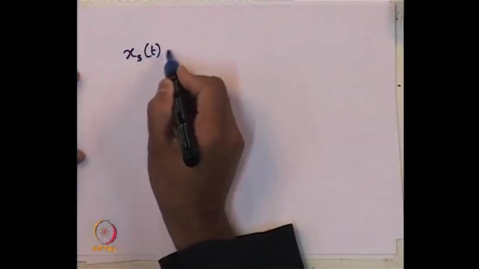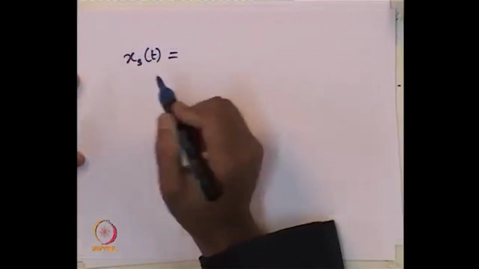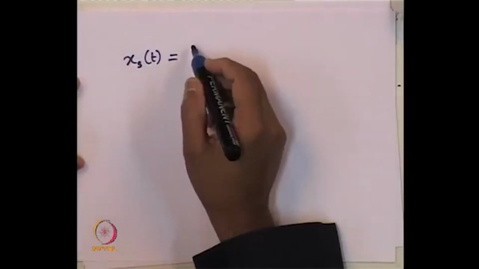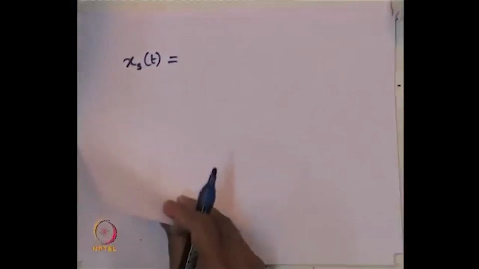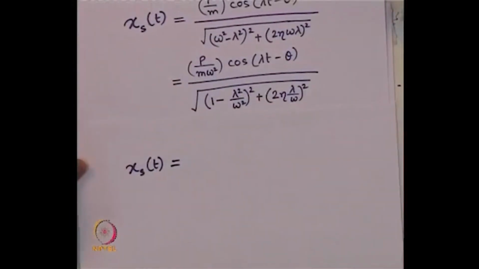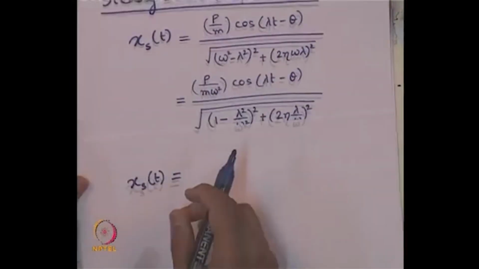So, let us look back again at this expression. The steady state displacement, we are now writing this P by m omega square, let me put this expression here so it will be easy for us to follow.